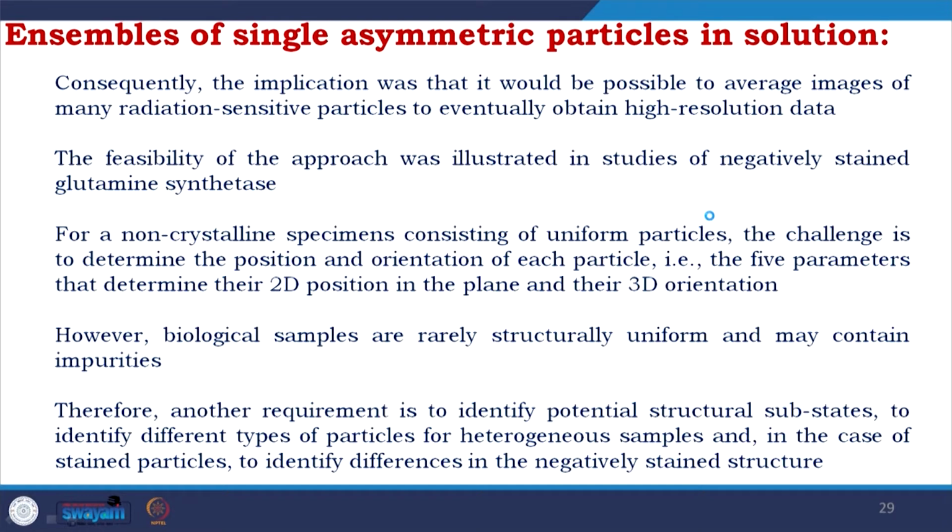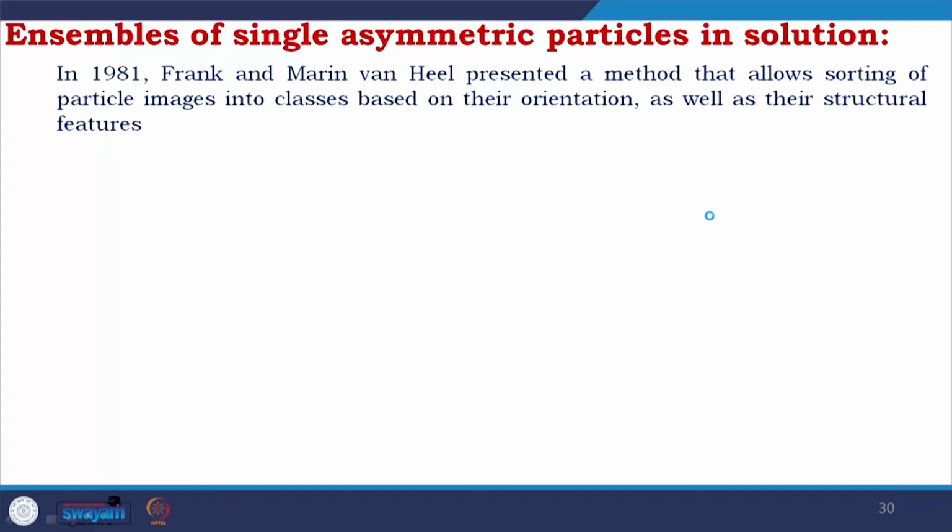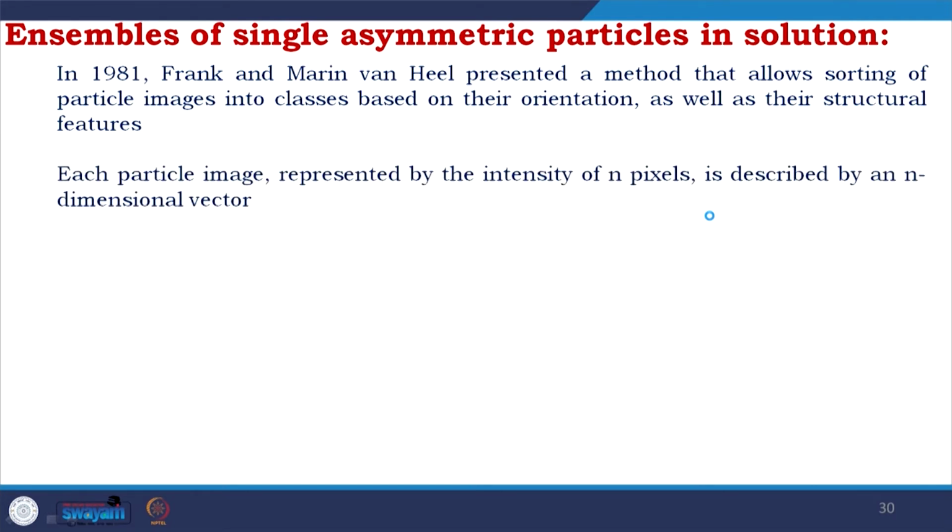So, if you look at them after negative staining, you could do the classification initially and then on the data. In 1981, Frank and Marin van Heel presented a method that allows sorting of particle images into classes based on their orientation as well as their structural features.